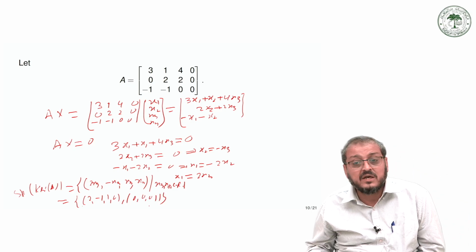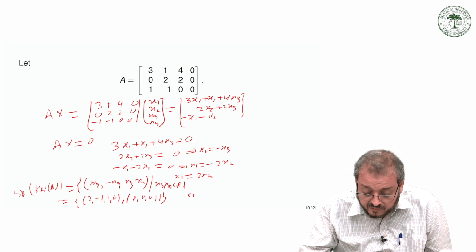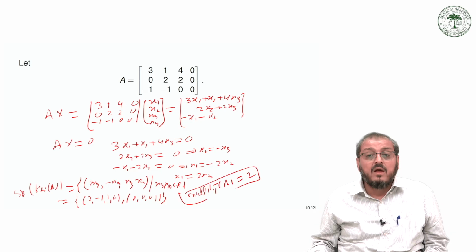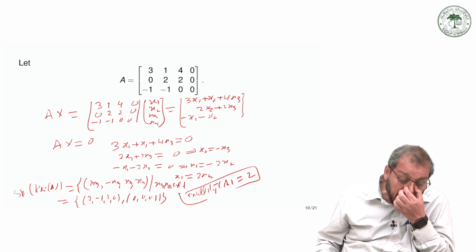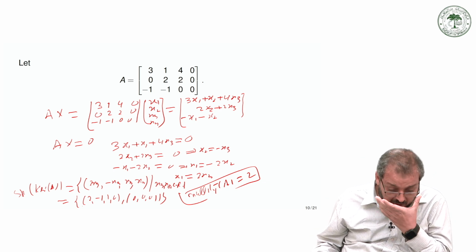These two vectors are linearly independent. In this case we can say that the nullity of A is equal to 2.